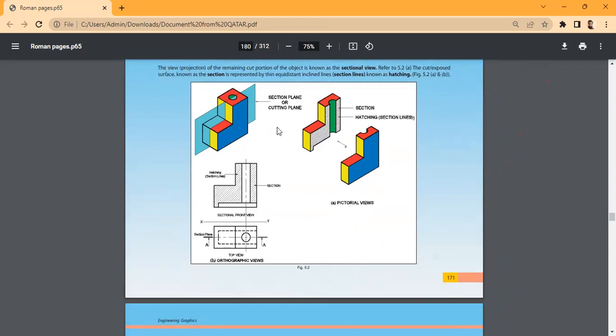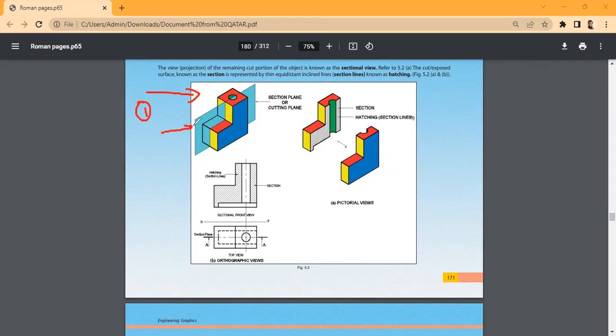Okay. So this is called a section. Here, the first figure. Can you say something about the first figure? The section plane is perpendicular to HP.